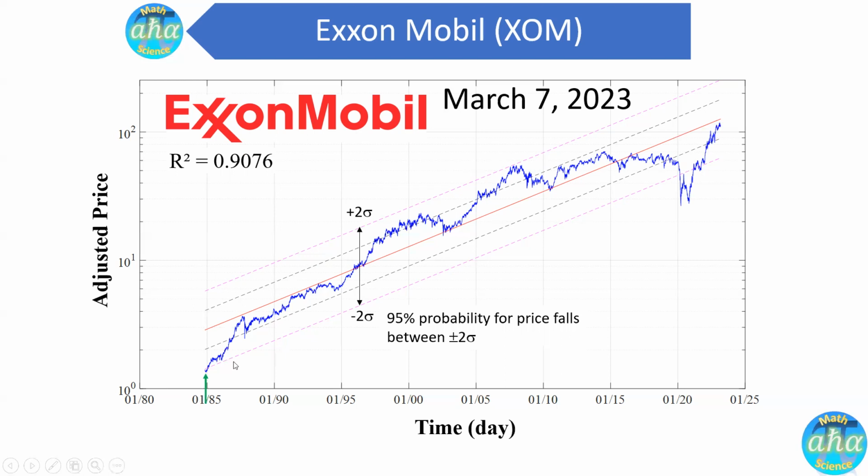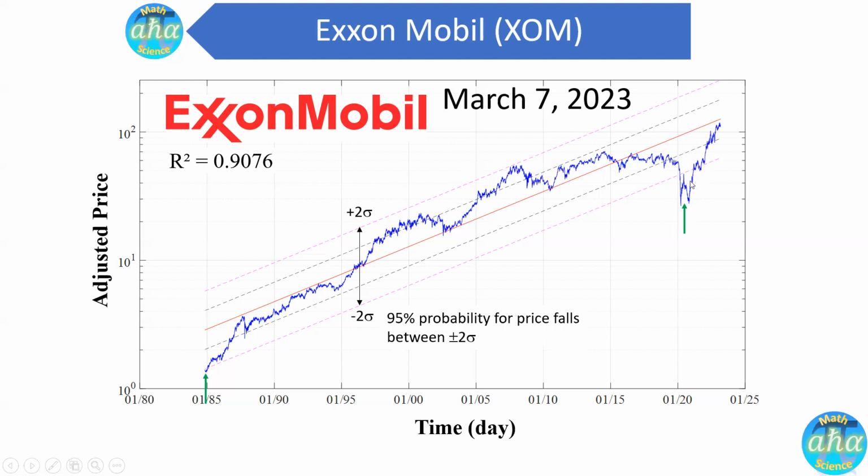For example, in 1985 the price went below the negative 2 sigma trend line, but then it quickly rebounded. Something very similar happened during the pandemic. The oil price dropped, and it dragged all the oil companies' share prices down. Then Exxon Mobil recovered, and it was a very sharp rebound.